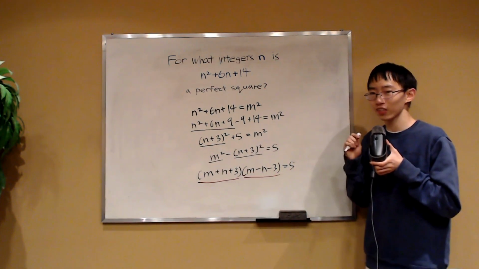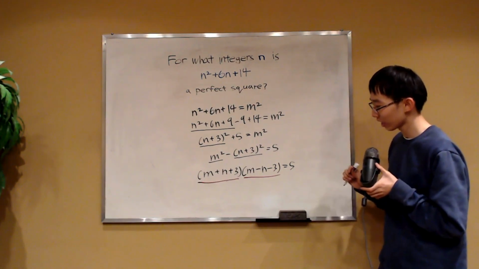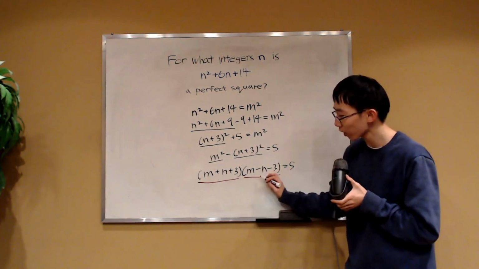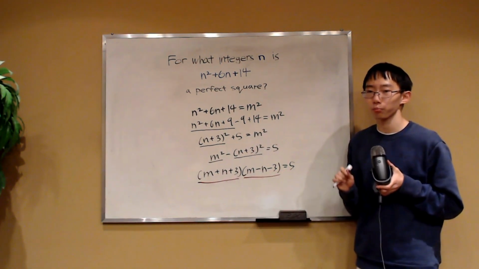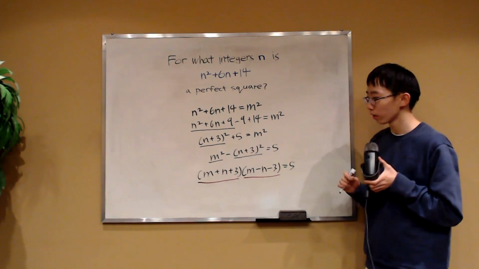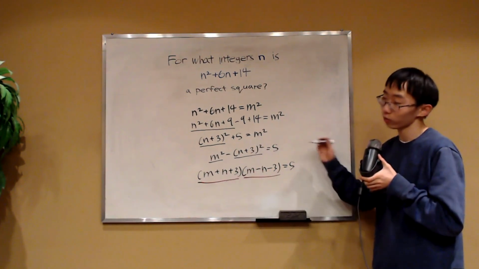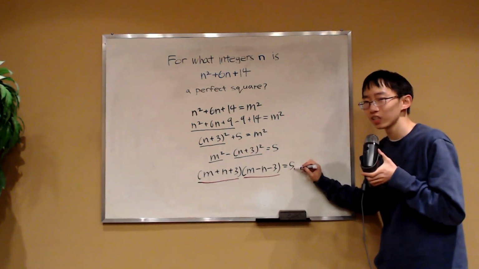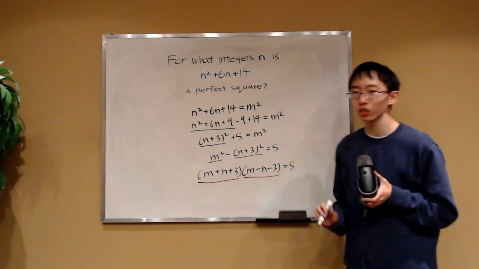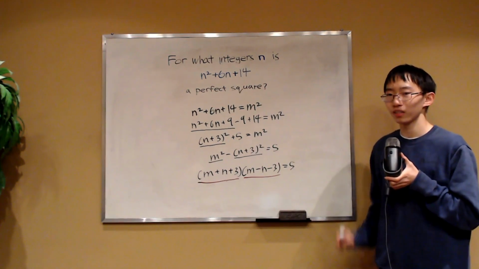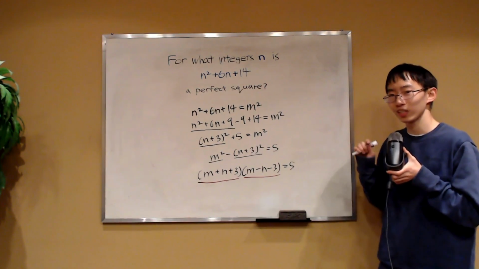And therefore, we have severely limited our options. We just need to examine a few cases in which these two are factors of 5. And that is a very common problem-solving strategy in number theory. We should factor an expression so that the product is a certain integer. And because they're both integers, you can limit their options no problem. So let's examine the limited options that we just need to consider.